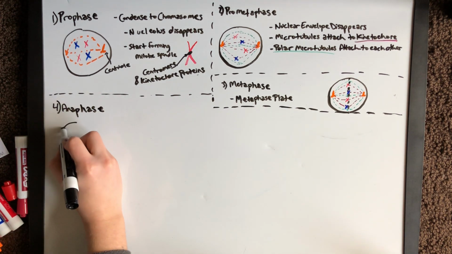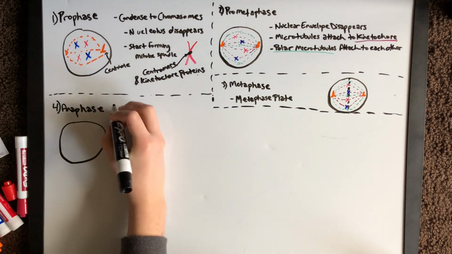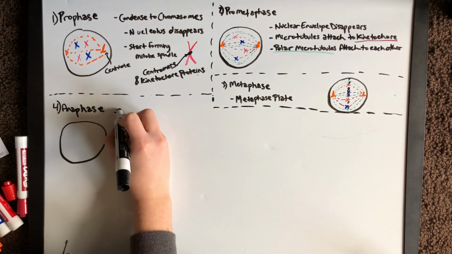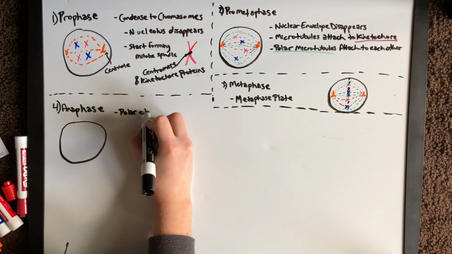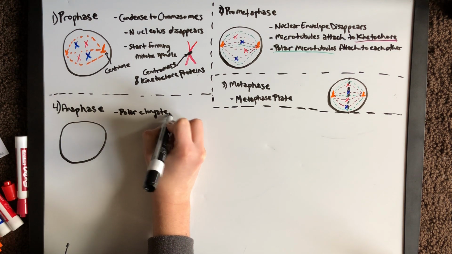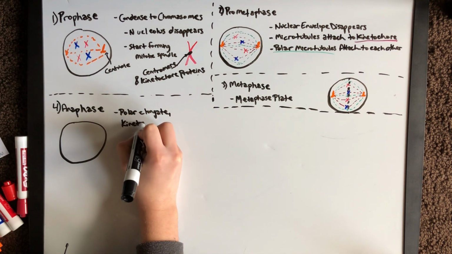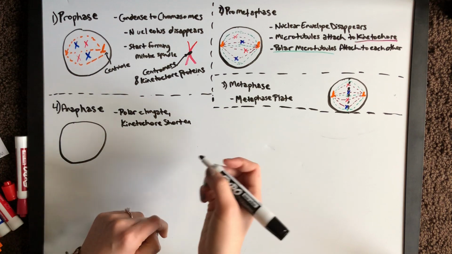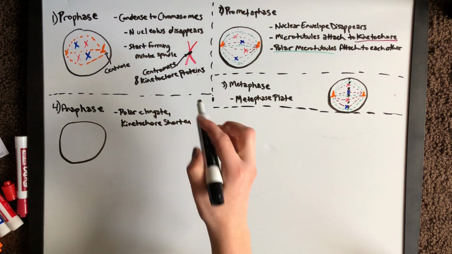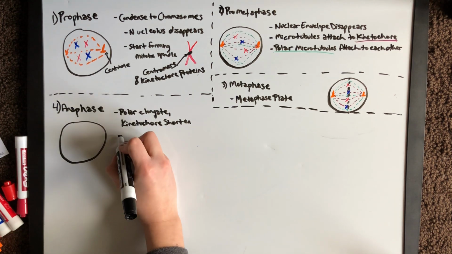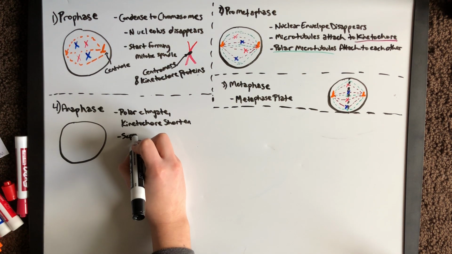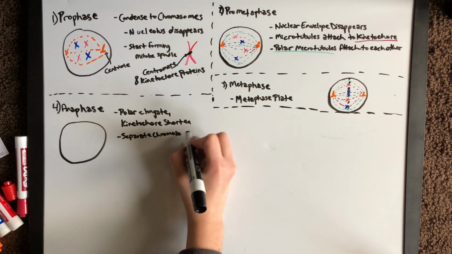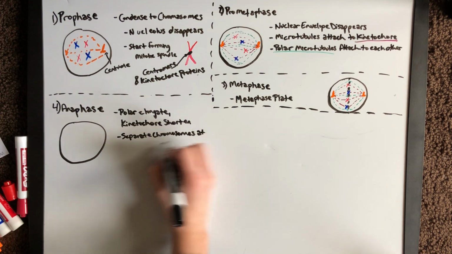So in anaphase, our polar microtubules will elongate and the kinetochore microtubules will shorten. When this happens, we're going to separate the chromatids at that centromere, at that center part. So we're going to separate the chromosomes at the centromere.